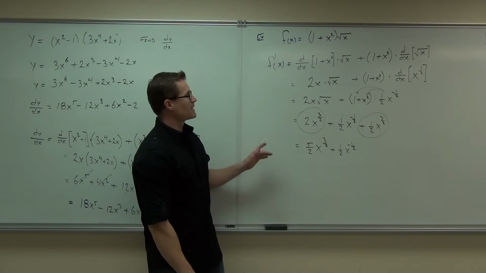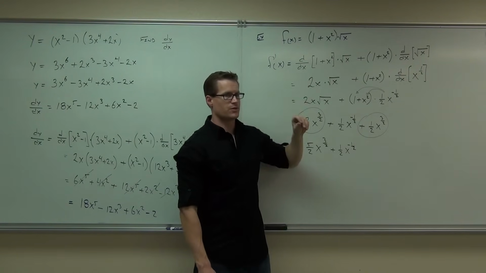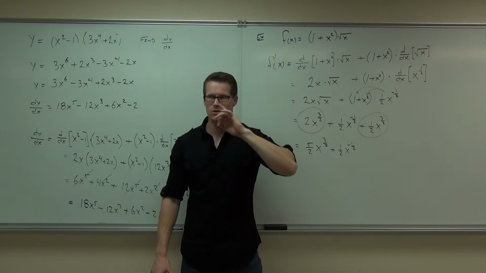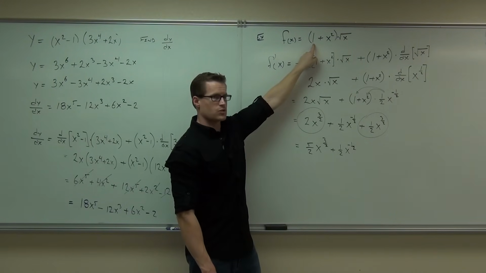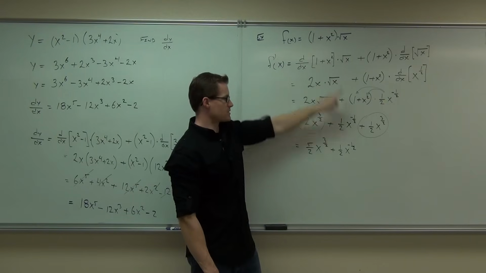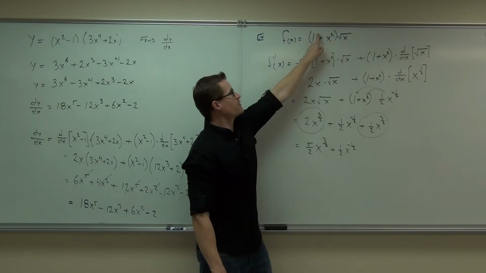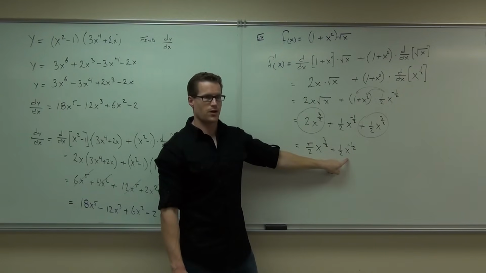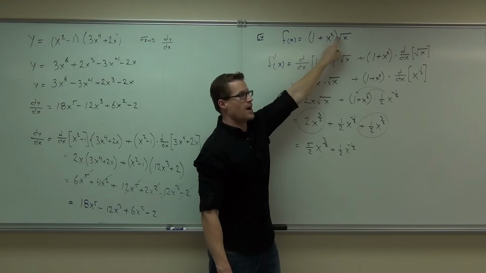That's actually exactly what you'd get if you distributed this and then took the derivative. Just do it in your head if you want to. If you distribute this, you're going to get root x, right? Square root of x, the derivative of that is this right there. The derivative of this is this one. You follow? Distribute this, this is going to be x to the 5 halves.